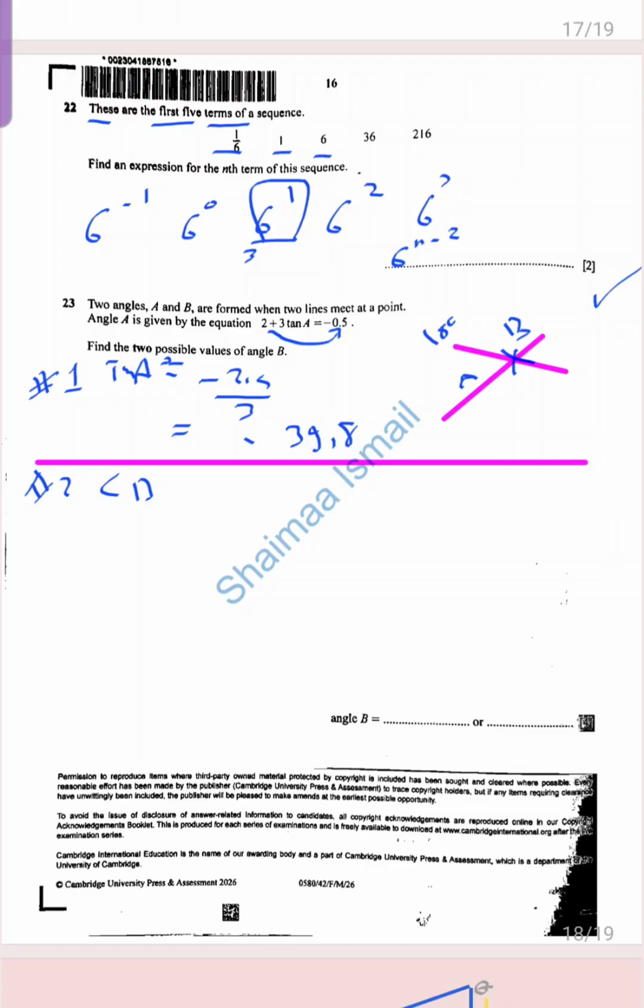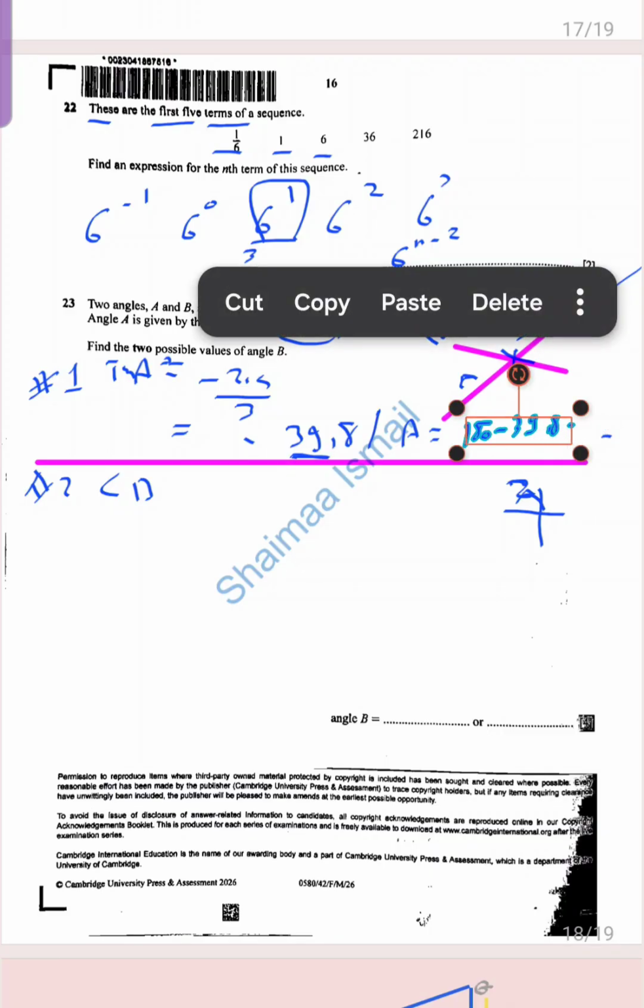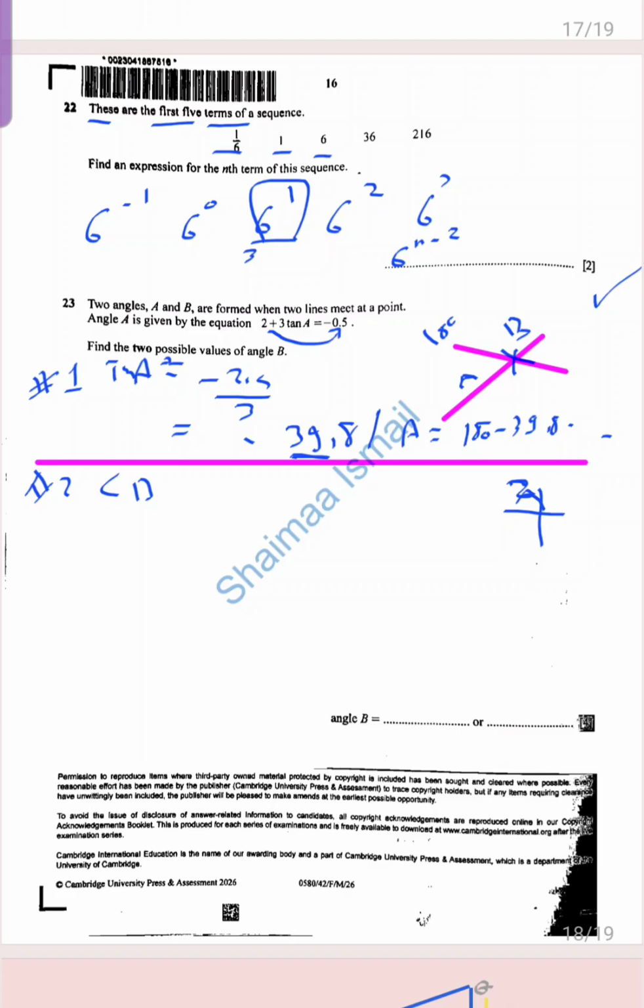Since the tangent is negative, it is in quadrant 2. If they have the quadrant here, that would be the second quadrant, which is negative here. So here angle A has another solution, which will be equal to 180 minus the 39.8 on your calc. This will be equal to 140.2, and this is another solution for A.